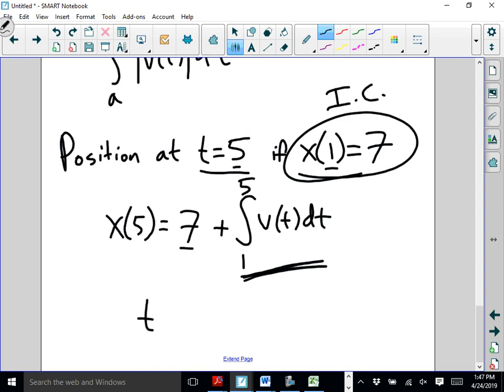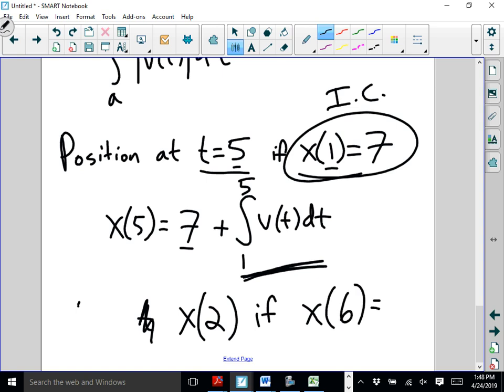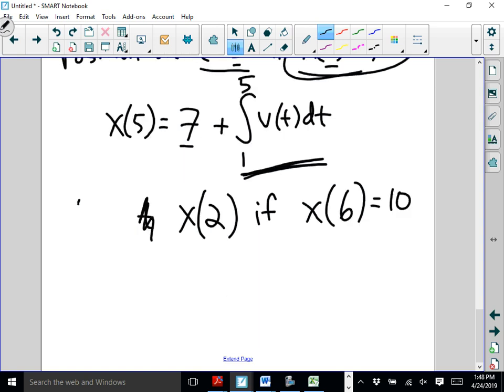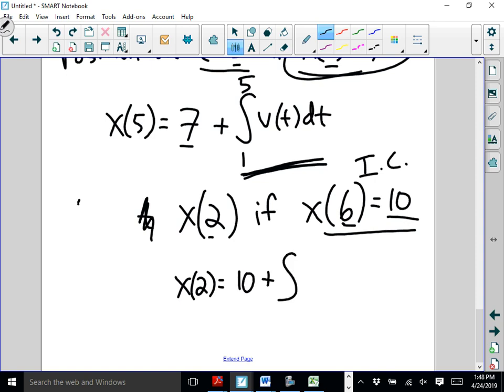Be aware, sometimes they ask, what is x of 2 if x of 6 equals 10? Well, just be aware, the initial condition here is at a time value greater than this. Okay? So what this is going to look like, x of 2 then has to equal my initial condition of 10 plus my integral from the number I have to the number I want.